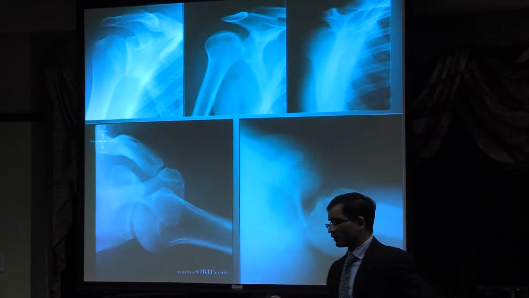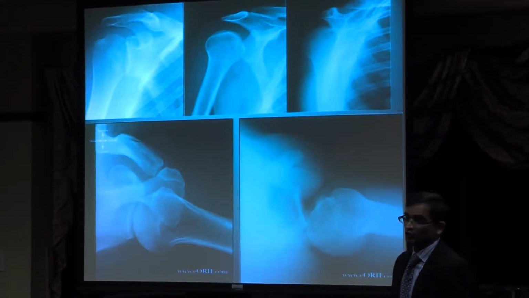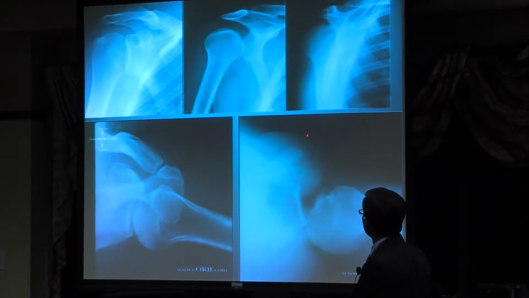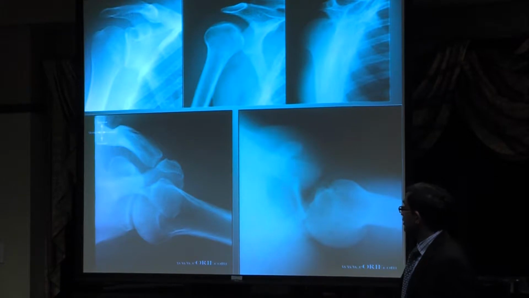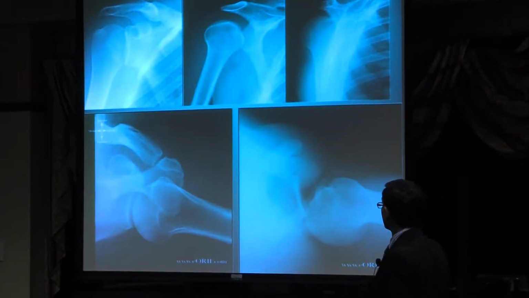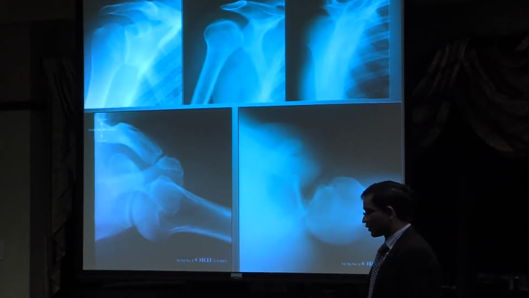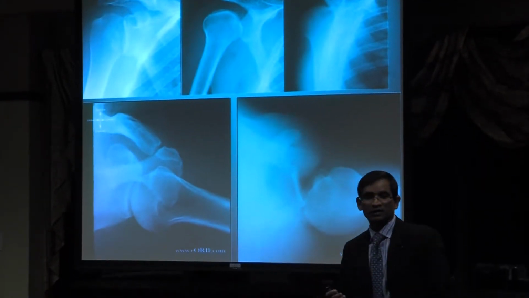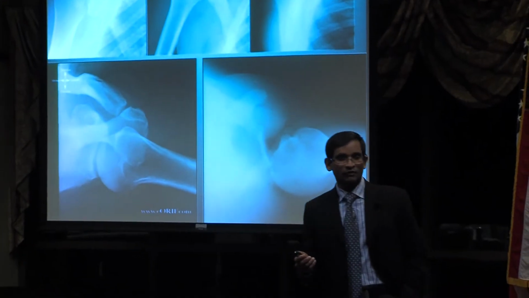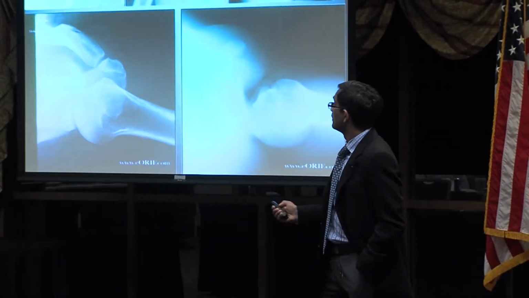But if we can get this view in the office, that will definitely diagnose posterior dislocation. And most often these dislocations are associated with tuberosity fractures as well, and stability can be assessed after reducing, to see whether any further treatment is required or not.